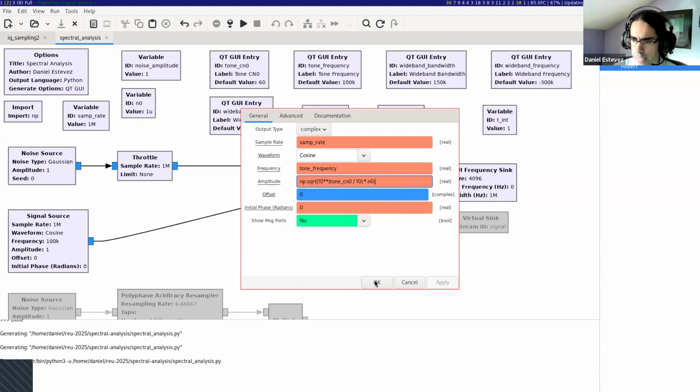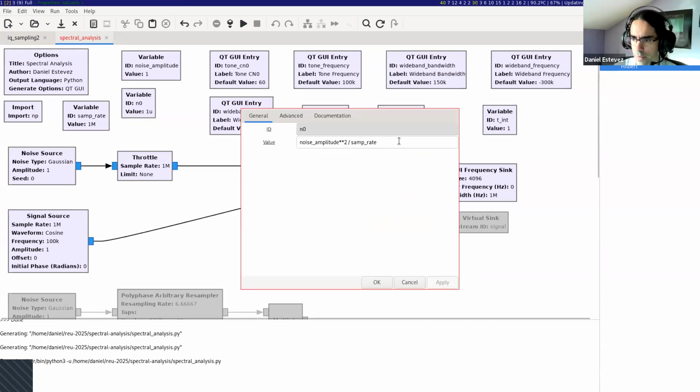So what's this N0? How is this calculated? It is the thing I mentioned before. I have my noise amplitude. Okay, it is 1. I want my noise power, so noise amplitude squared. It is still 1, but I'm using it in the formula so that it is true in general.